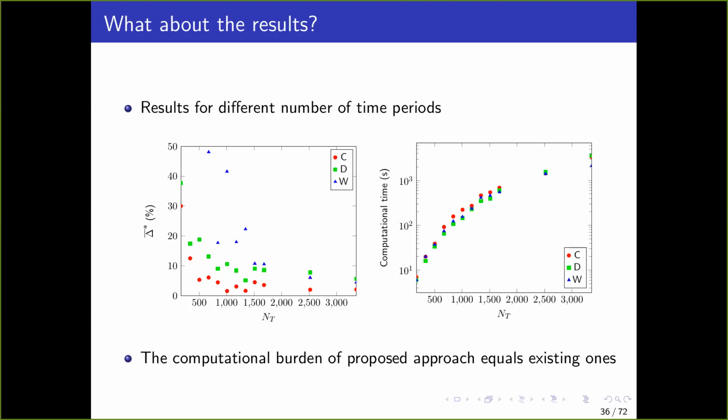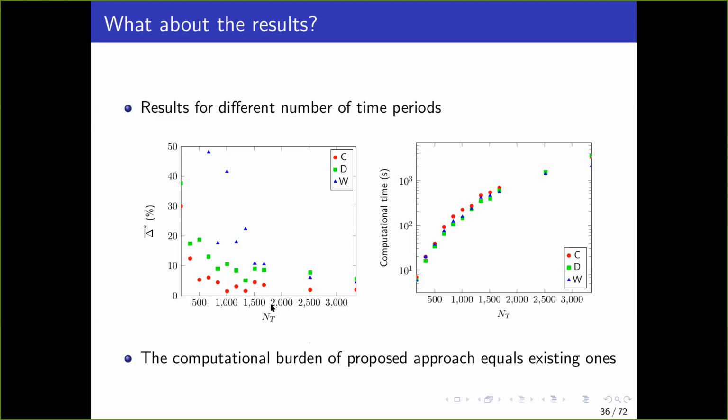Oh, that's in the figure here. That's on the left figure. Okay. Yeah, I probably didn't spend enough time on this slide. On the x-axis, what you have is the number of periods that you choose.